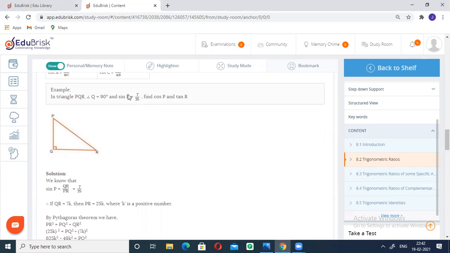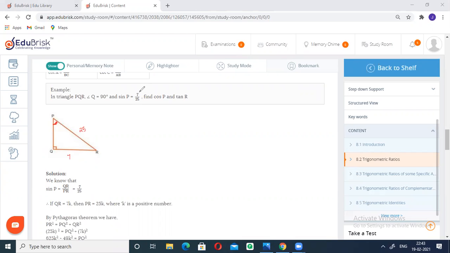So now sine P is equal to 7 by 25. Here P is this angle, so we have to write with respect to this angle only. Sine is opposite side divided by hypotenuse. The opposite side is here QR. So this should be taken as 7 and this should be taken as 25.